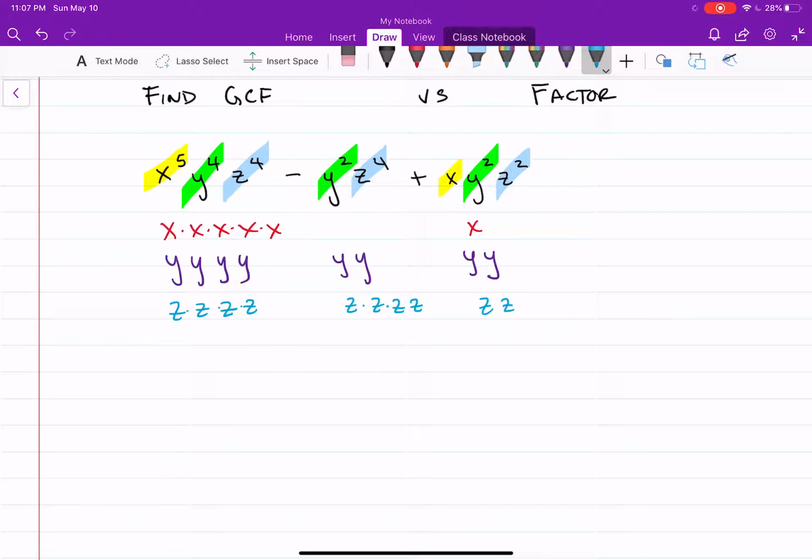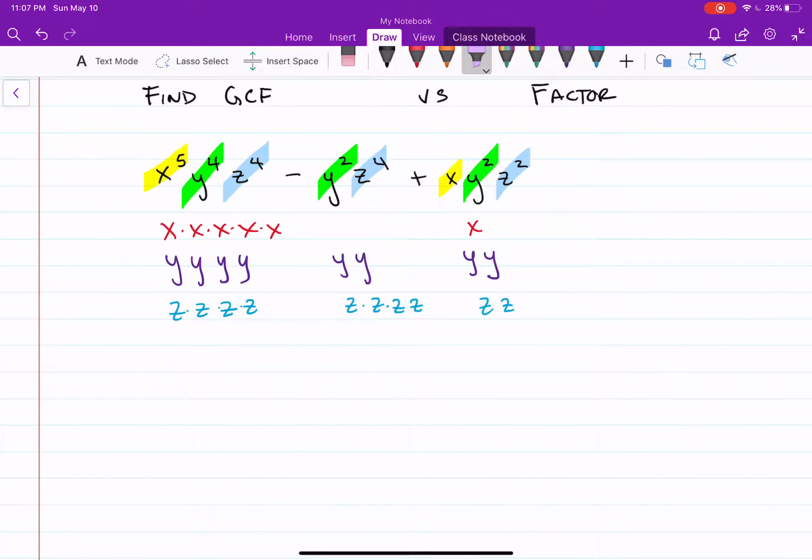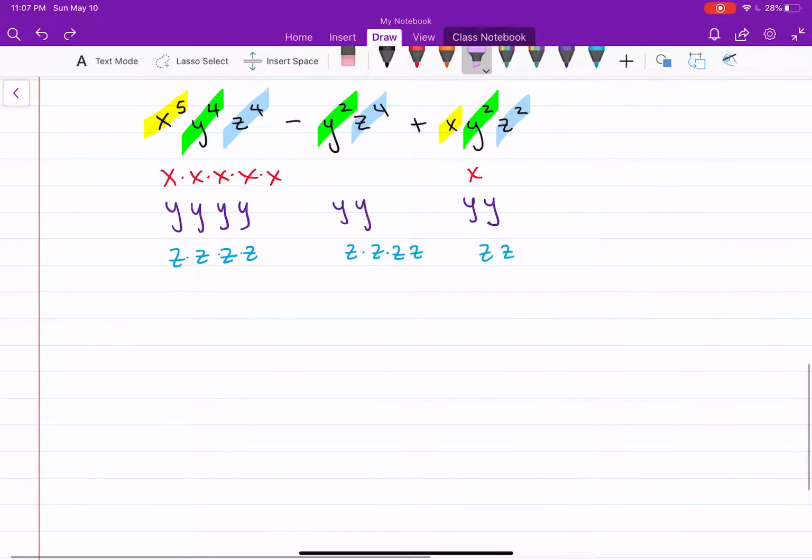GCF would be, if you look at it, do I have any x's that I can take out? Well, let's use purple. No, because if I was to take one of the x's out of here, there's no x's here to take out. So therefore, I can't, GCF of x is not there. Y, ooh, I can take another y out.